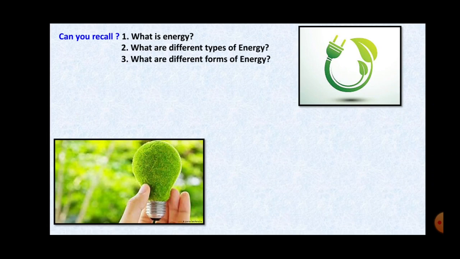These are all the different forms of energy. I hope you know the law of conservation of energy, students. Energy can neither be created nor destroyed, but it can only be converted from one form to another.